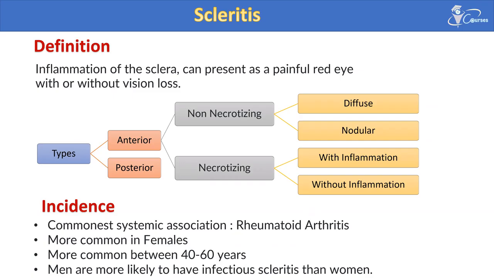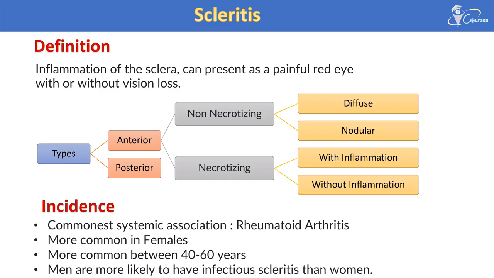The trick in scleritis is that infectious scleritis is more common in men rather than women. So the autoimmune type is more common in women. The infectious type, like if a patient has syphilis, will be more in men.